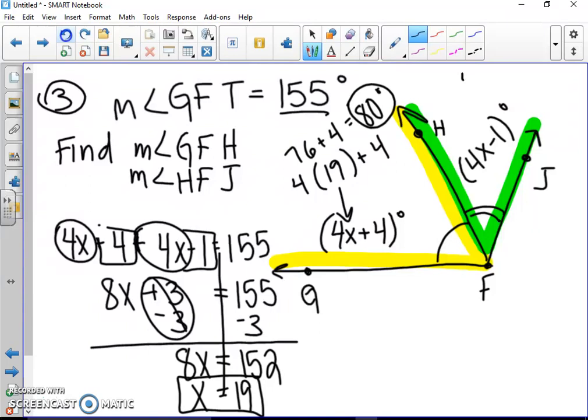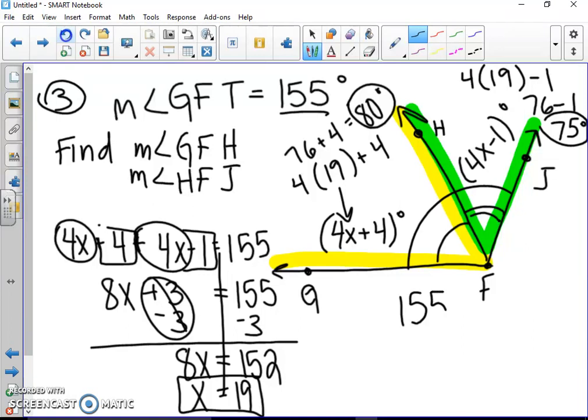And then 4 times 19 minus 1, well, that's 76 minus 1, which is 75. And if we did this correctly, our total, so this whole angle, should add up to 155. Let's check that. Does 80 plus 75 give us 155? Yes, it does. So there are our answers.